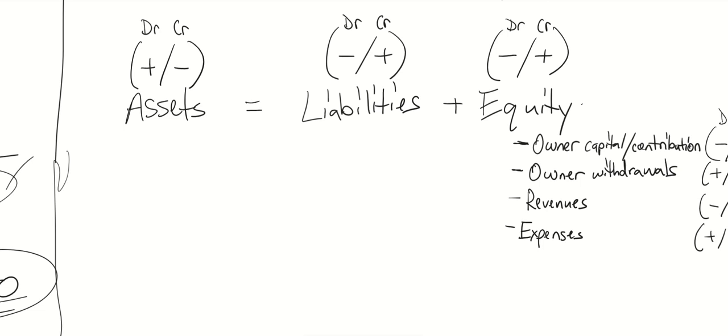It's like they're looking at each other in the mirror. Hopefully that helps with remembering, or at least understanding, why certain accounts are debited to increase or decrease the balance, and why other accounts are credited to do the same thing.